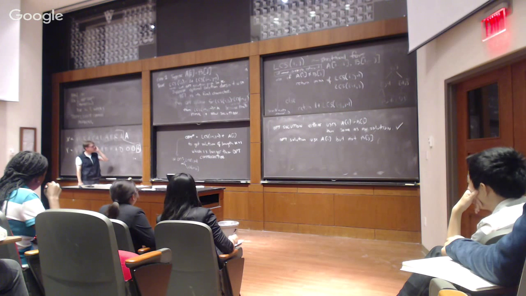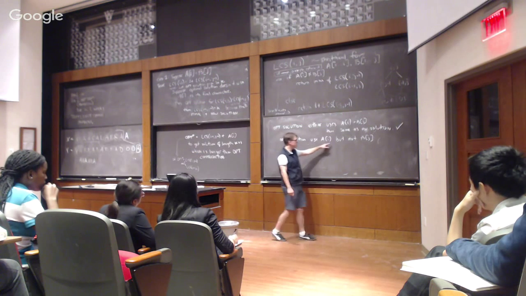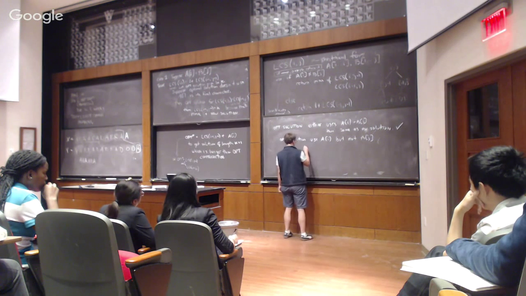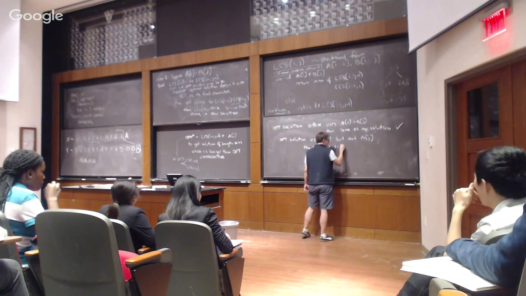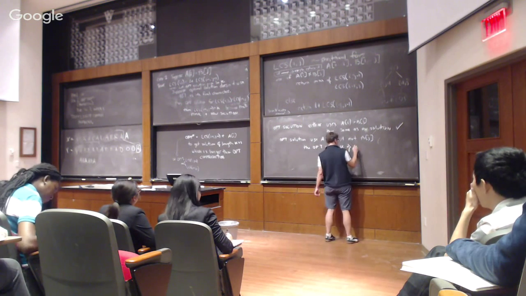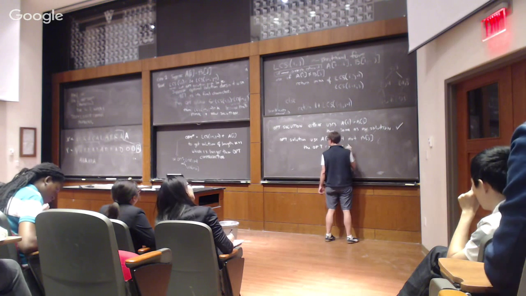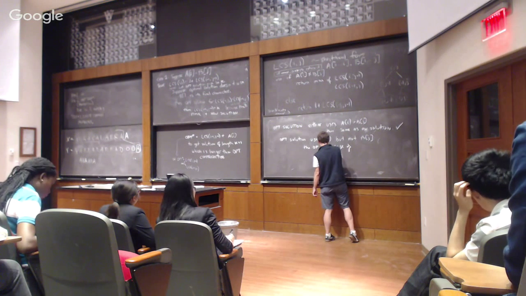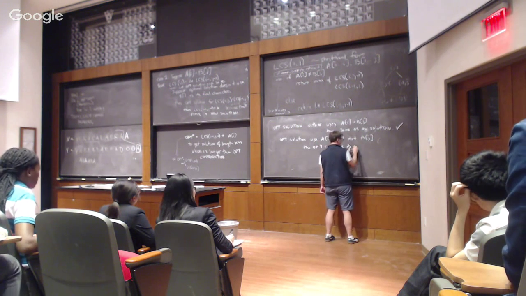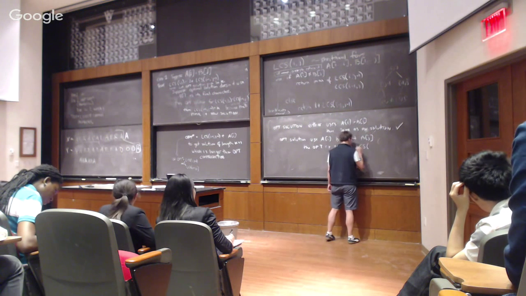So if I'm using A_i but not B_j, then it's the same size. No, opt is the size of the longest common subsequence.